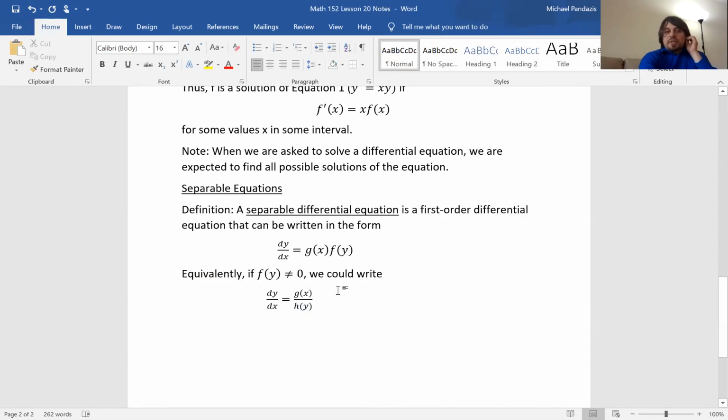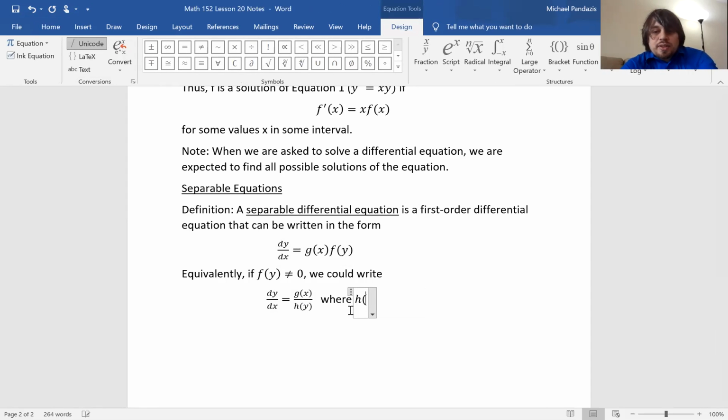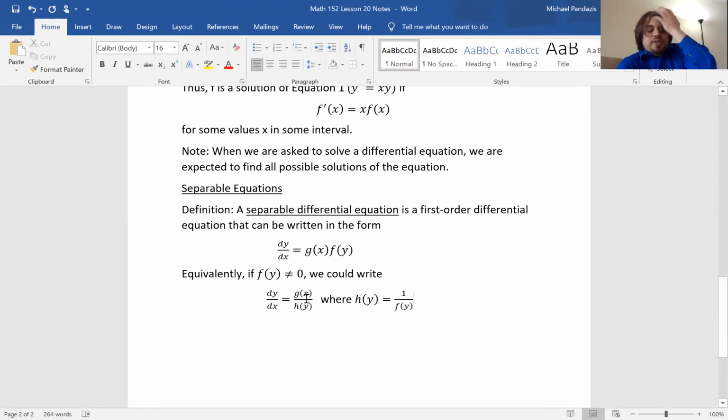So we would like to say that dy dx is equal to a fraction, g of x over h of y, where h of y is equal to 1 over f of y. Dividing by h of y is the same as multiplying by f of y. You can only do this if f of y does not equal 0.